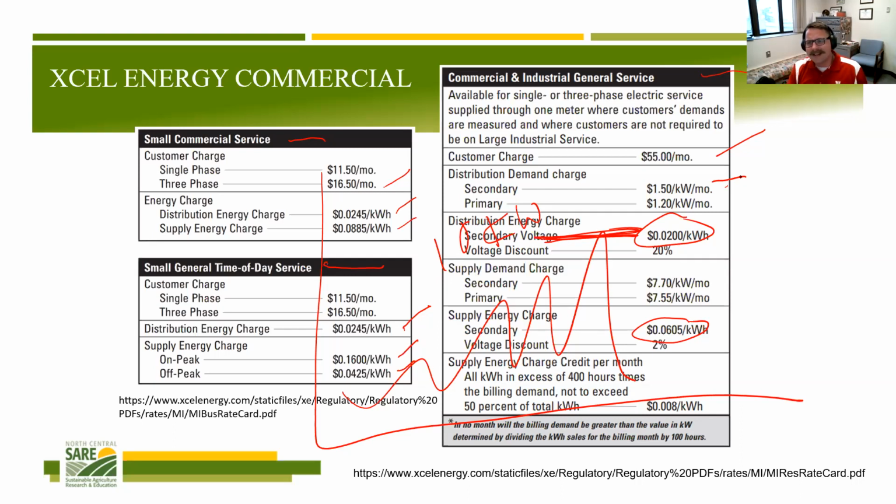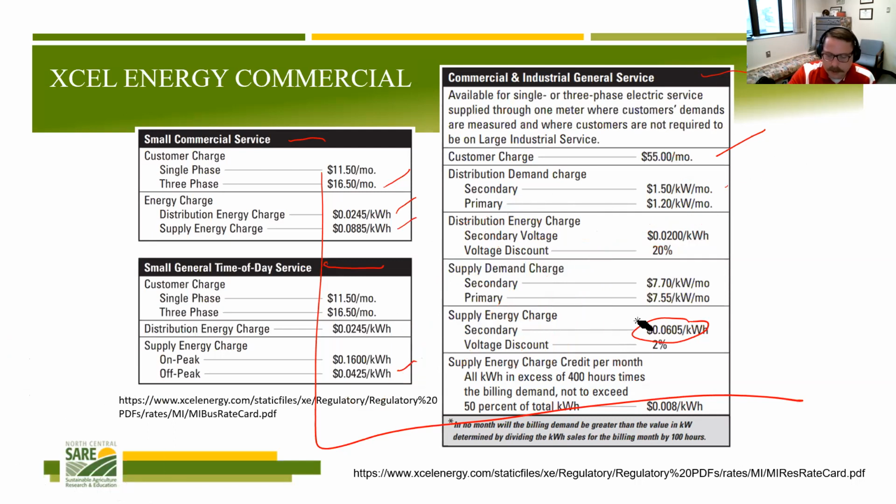And so demand rates don't always work real well together with solar, and so we're going to discuss some of that as we move forward today. But it's important to understand what type of electric rate structure you're on, because it really helps us understand what might be the value of the electricity that we're generating.